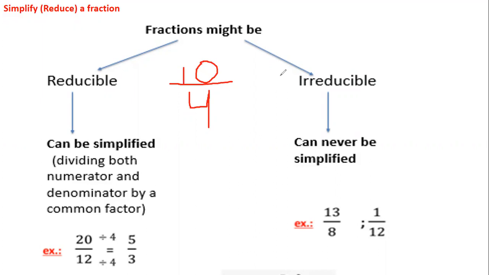Yes, both are divided by 2. So 10 is divisible by 2, so I write 10 divided by 2, and 4 is also divisible by 2. So I can divide both by 2. So here I say the common factor between 10 and 4 is 2.